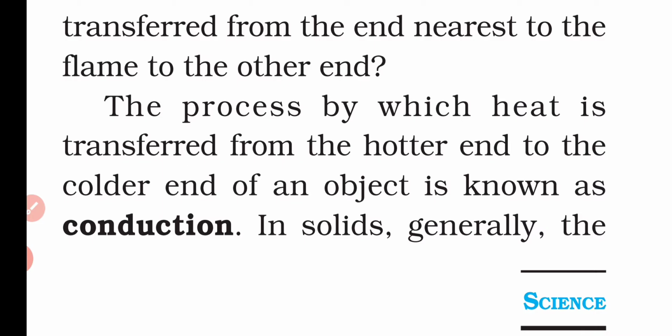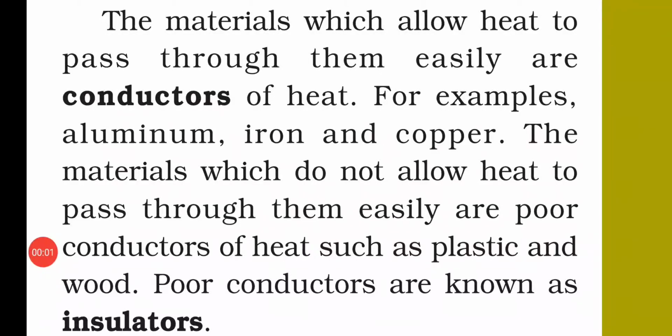Have you ever seen utensils? Utensils are basically made up of metals, and their handles are made up of non-metals. So why are utensils made of metals and their handles made of non-metals? The reason is that metal easily transfers heat, and that is why it is helpful in cooking.